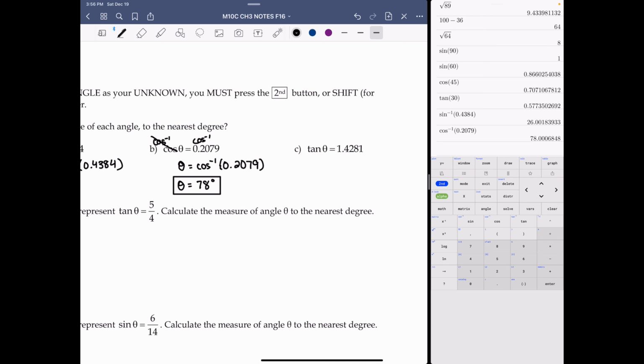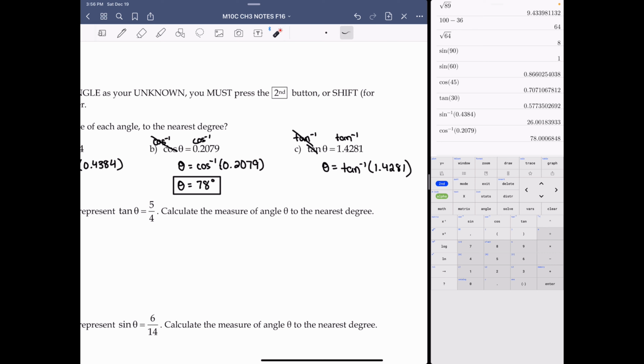Tan theta equals 1.4281. Same idea, we want to move the tan part to the other side of the equal sign. So do tan inverse on both sides. Tan inverse and tan cancel each other out. We're left with theta equals tan inverse of 1.4281.